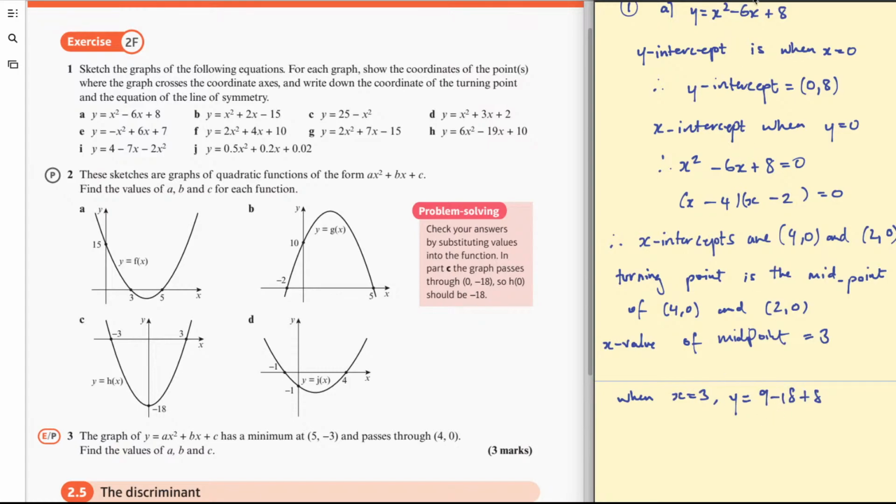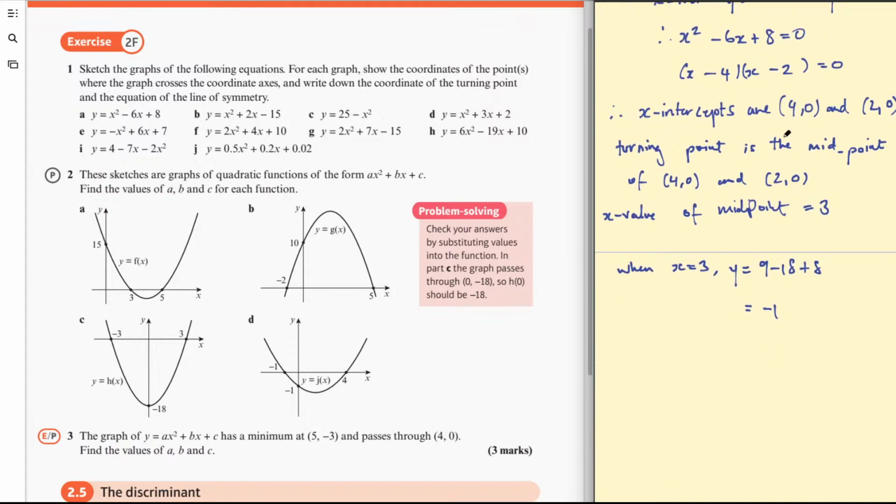I'm just plugging 3 into this expression up here. And this is negative 9 plus 8, that's negative 1. So the turning point equals (3, -1).